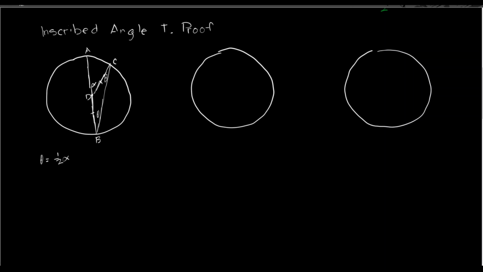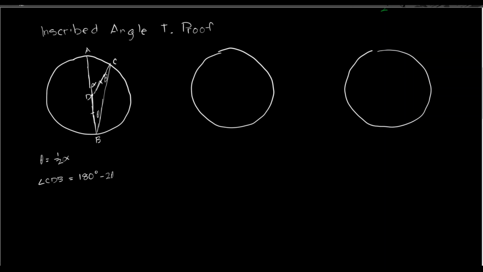Now that we know that these two triangles are isosceles, now that we know both angles of this triangle, we can solve for the last angle, CDB, by knowing that the sum of the angles of a triangle are 180 degrees. So angle CDB is equal to 180 minus 2 theta.